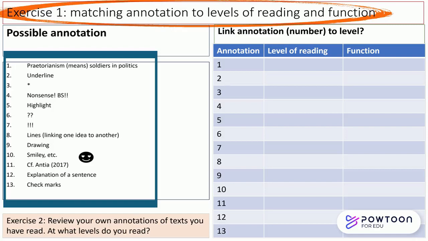So these are examples of annotations that an individual reader has made. Now, to the right of the slide, you are to indicate what level of reading you think annotation 1 corresponds to. And you are then to state what function that annotation 1 is performing.